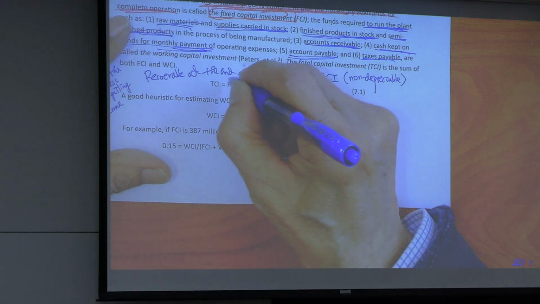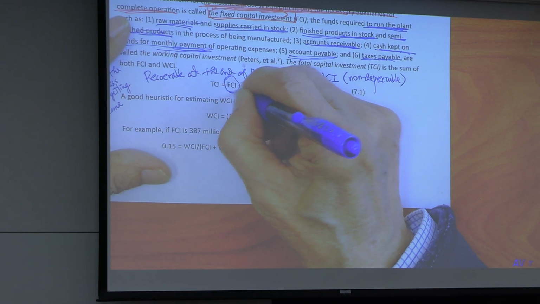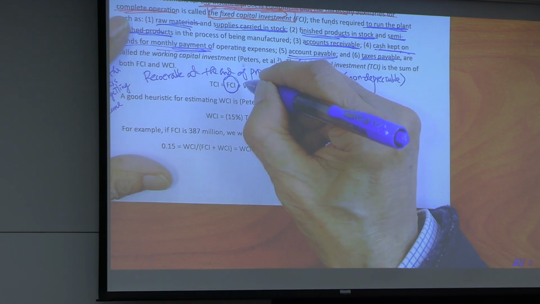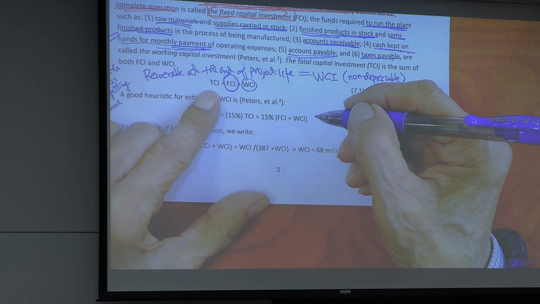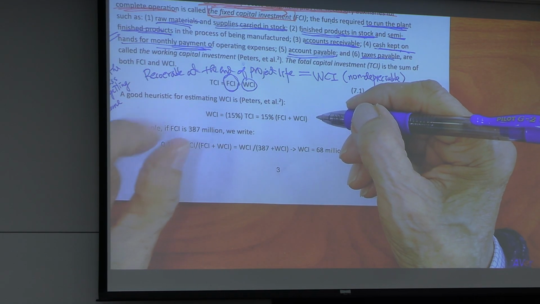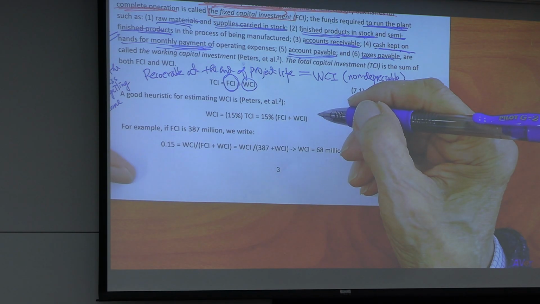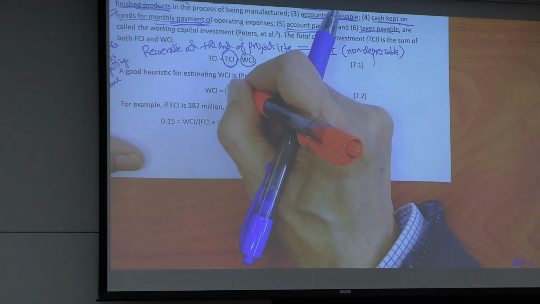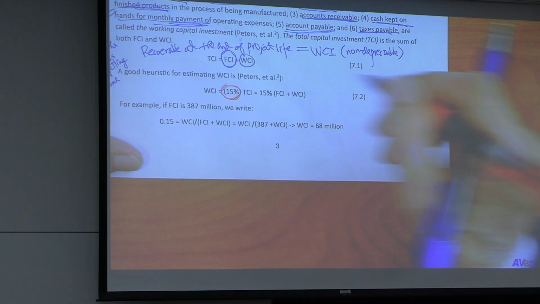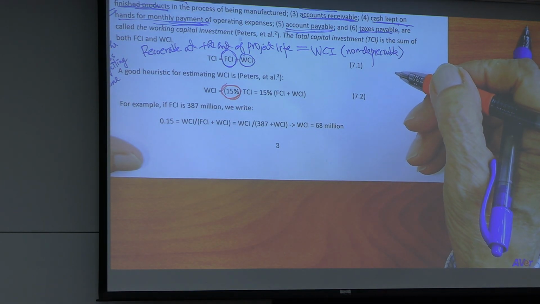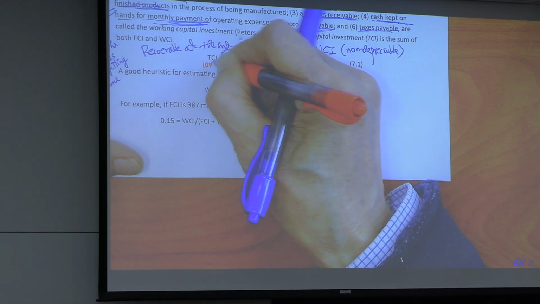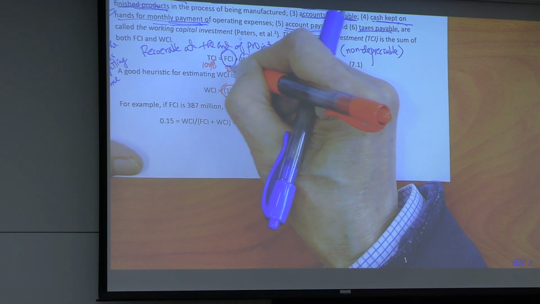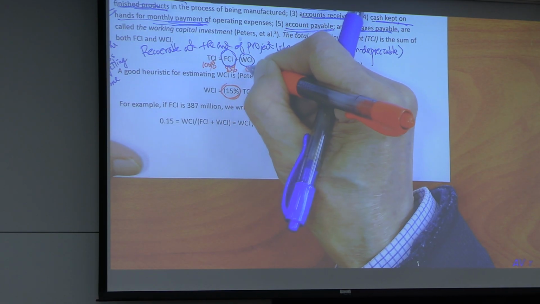Okay? So, FCI is the money to build a plant, buy all the equipment. WCI is the money to run the business. The sum is called TCI. Now, there's a very important heuristic. WCI typically is 15% of TCI. That means this is 100%, this is 85%, this is 15%.